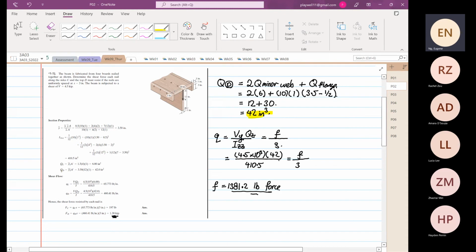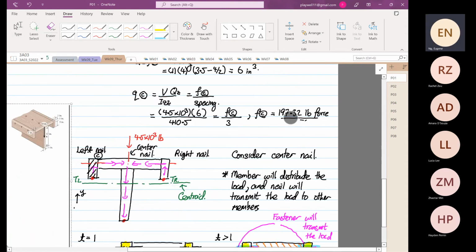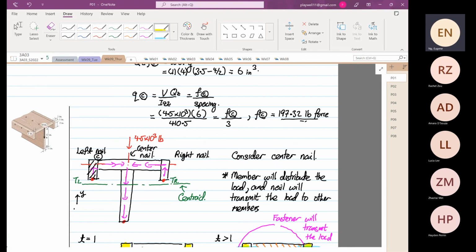So apply what I teach. Okay, this is also correct. The answer will also come out to be the same. Mm-hmm. You can see that, right? Yeah. Okay, but the way I teach is based on failure analysis, based on the shear flow. Yes or no? Right? Yeah. Yes, based on the shear flow. It makes more logical sense. It does not make any sense why you just take over here, right?